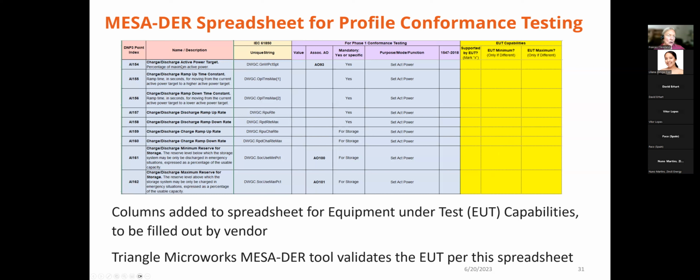In this case, we've got the charge, discharge, active power function. Do we want to test for that? Is it there? Is it in there correctly? And if the minimum and maximum values that they want to test for are different, that's also included. This comes from a Triangle MicroWorks tool that we asked to have developed.